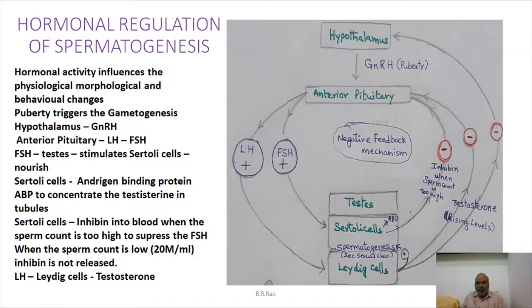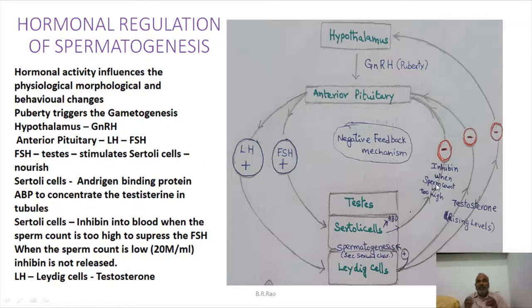And the second protein released from Sertoli cells is inhibin. Inhibin is a very, very important protein. Inhibin will inhibit FSH activity, hence it is called inhibin. When does it inhibit?